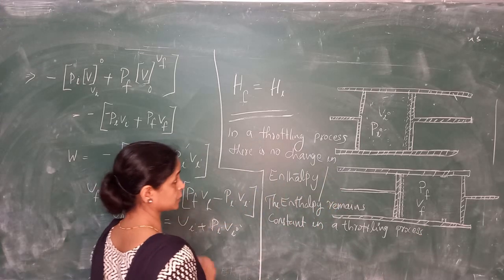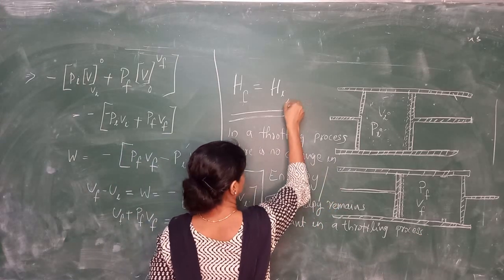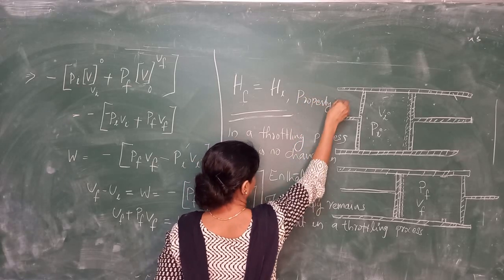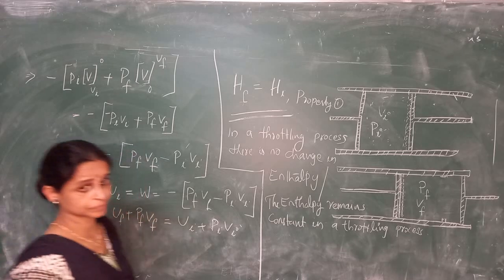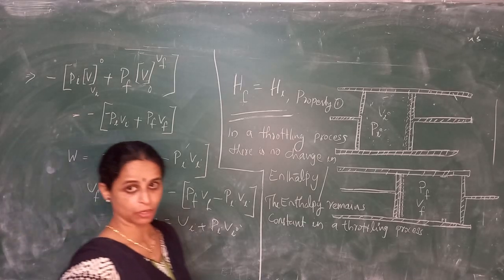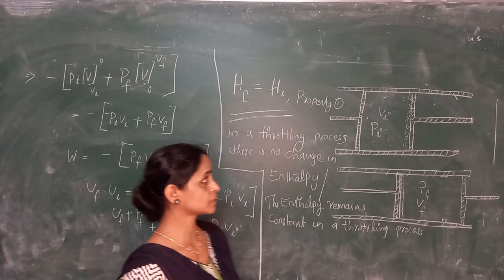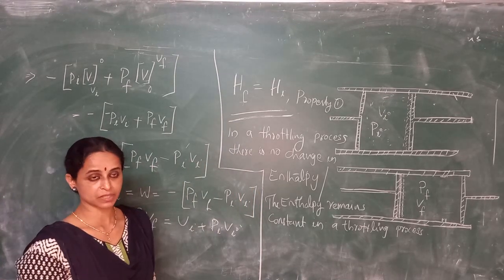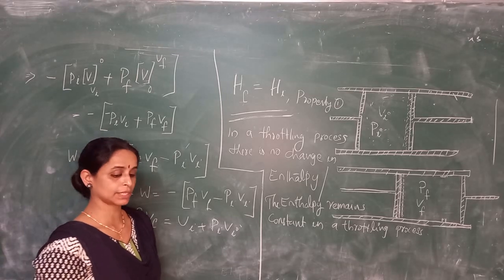This is the first property, property 1. So this is the first property of enthalpy: in a throttling process, there is no change in enthalpy. The enthalpy remains constant during a throttling process.